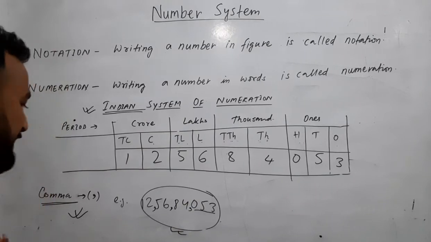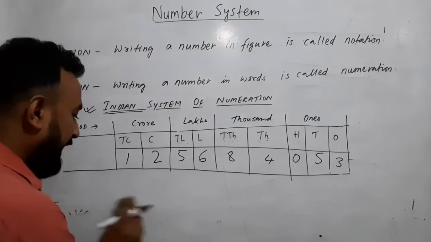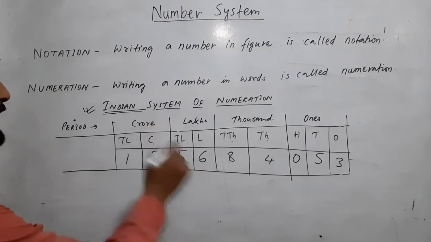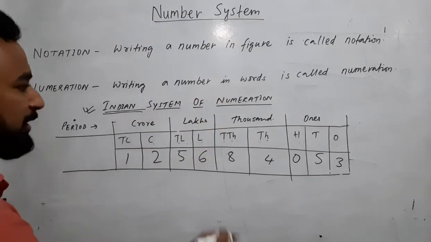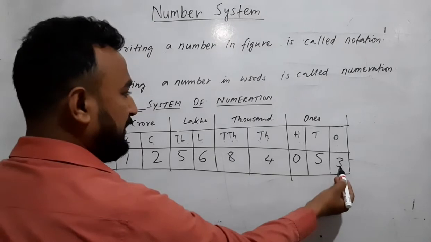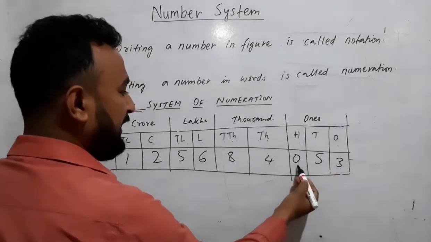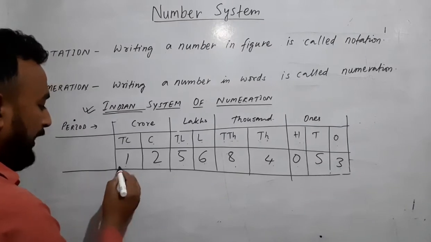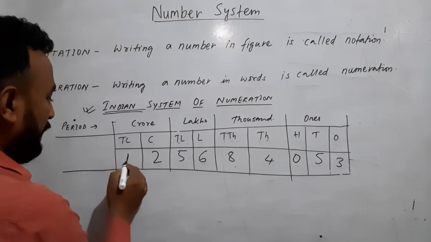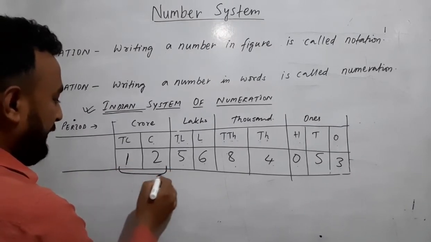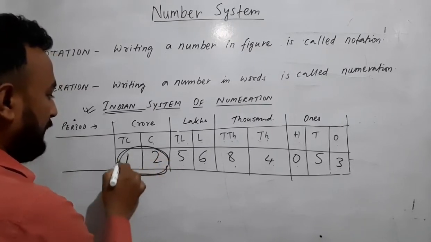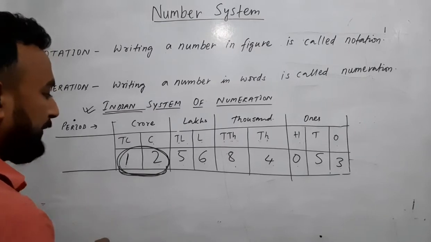By using this chart, you can write the name of the given number according to the Indian system of numeration. First you have ones, tens, hundreds, thousands, ten thousands, lakh, ten lakh, crore, ten crore. Whenever you get the ten crore place, you have to read it combined.